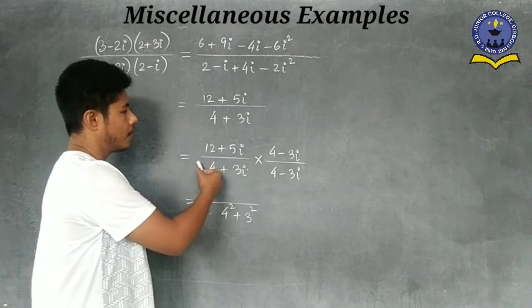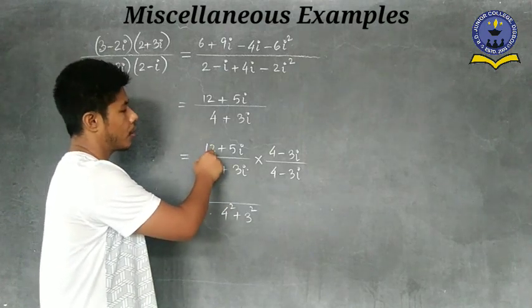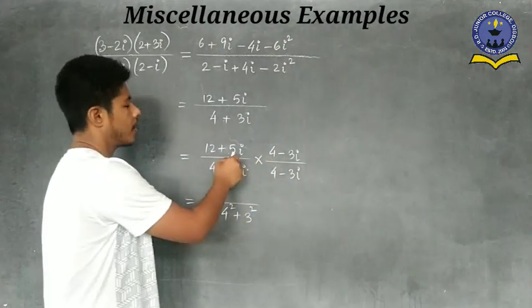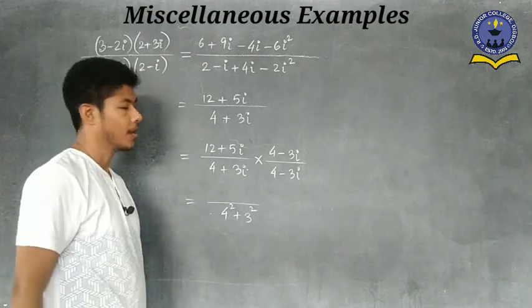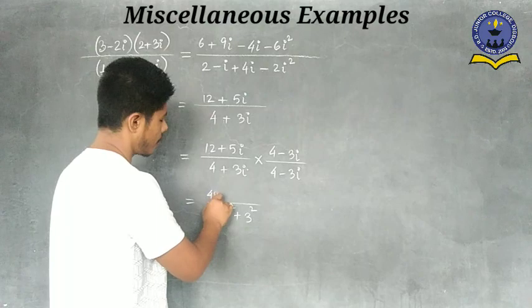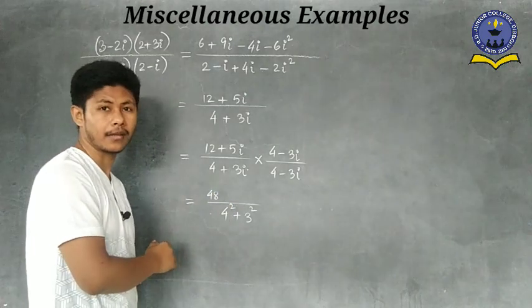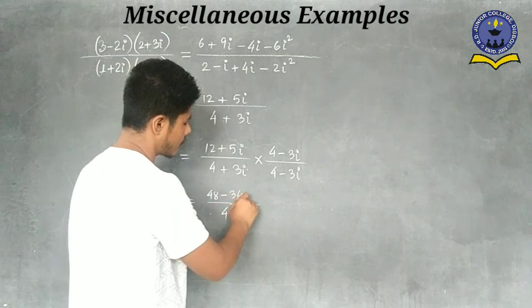Now multiply the numerator. First, this 12 we multiply with the whole part, then the second time this 5i we multiply with the whole part. Is it clear? 12 fours are 48. Next, 12 threes are 36, so minus 36i.